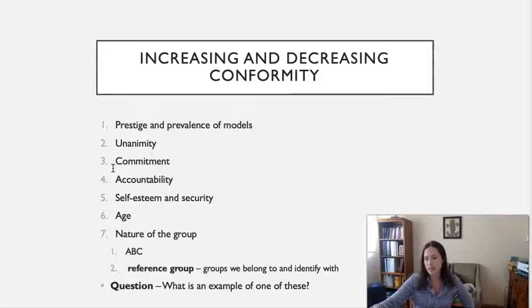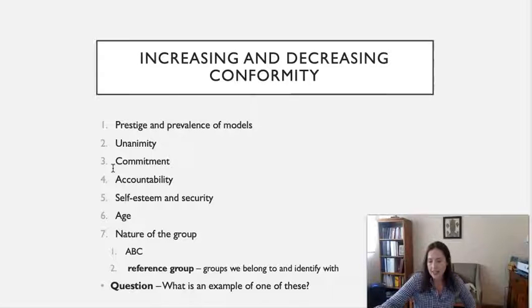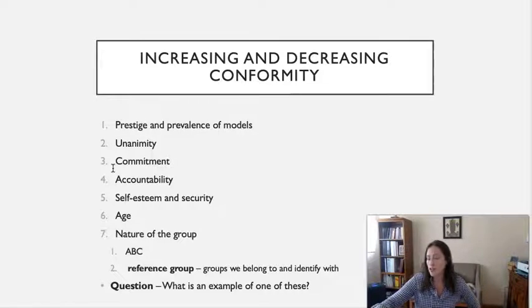In an experiment done by Deutsch and Gerard, what they found was that participants who didn't have to make a commitment first, 25% of them conformed. But for the ones who did have to make a commitment, only 6% conformed.